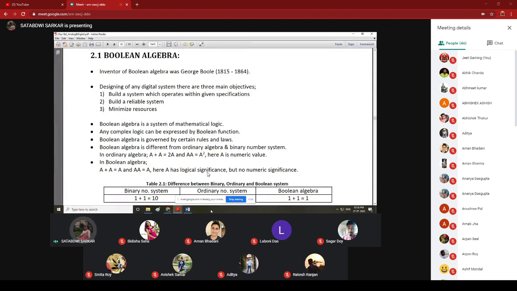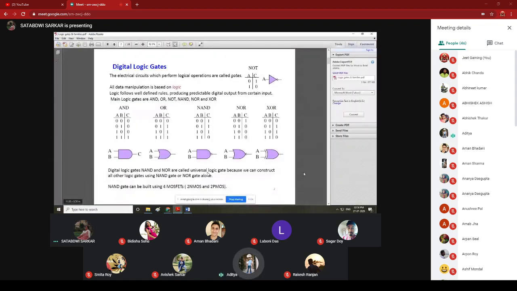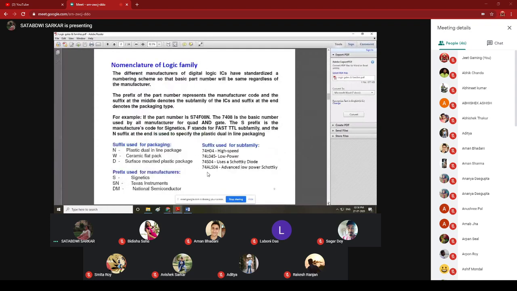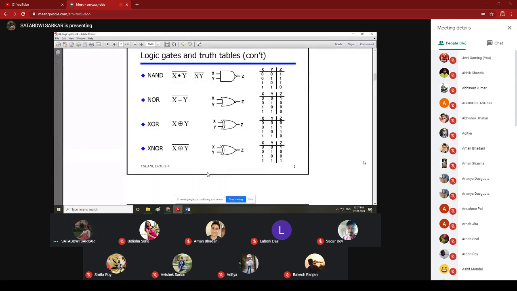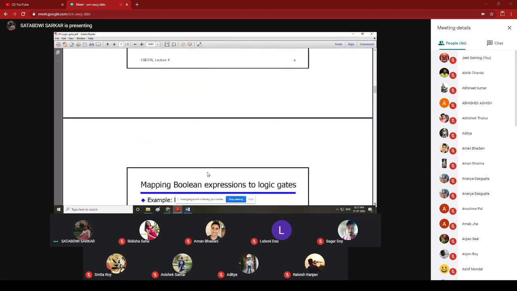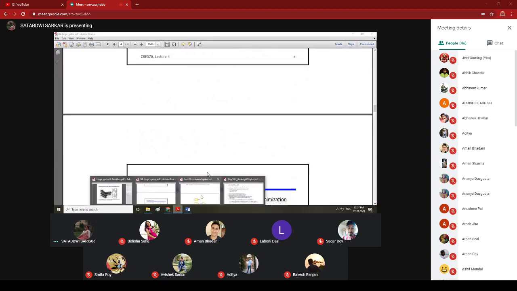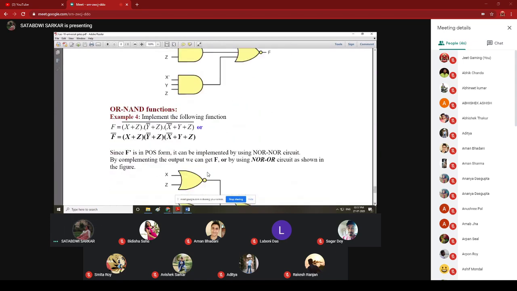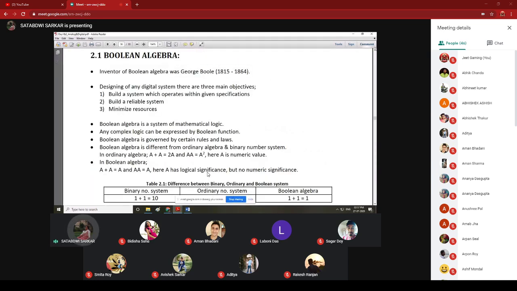Before starting Boolean algebra, you have to practice these gates and the truth tables of the gates.